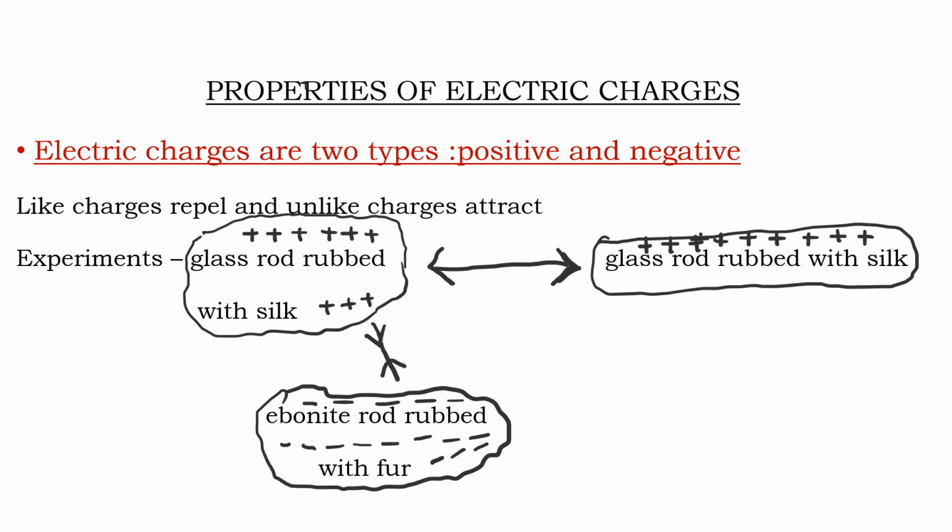This experiment illustrates that like charges repel and unlike charges attract each other. A simple example of a positive charge is a proton, and a simple example of a negative charge is an electron. Both are basic constituents of an atom.